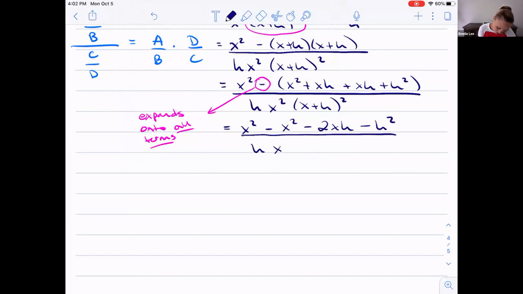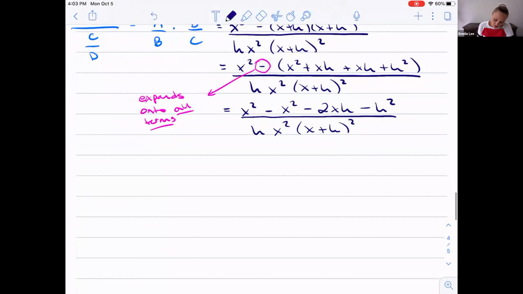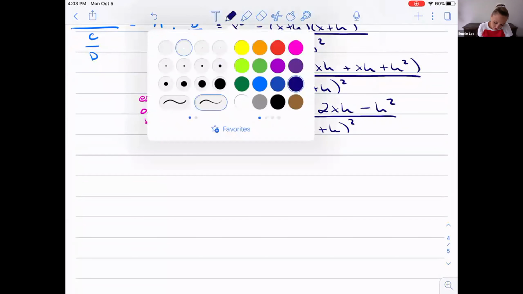Over hx squared times x plus h squared. Now we'll see where we get to. Looks pretty good. Oops. x squared minus x squared, those are going to cancel out.